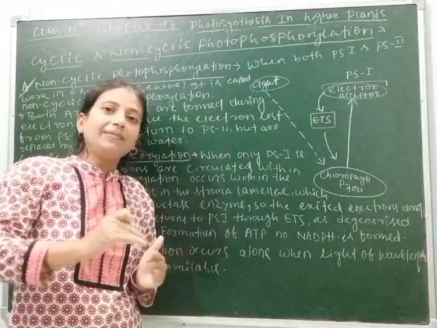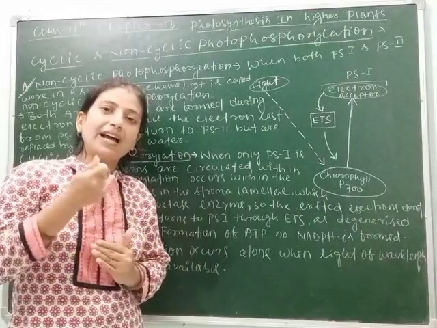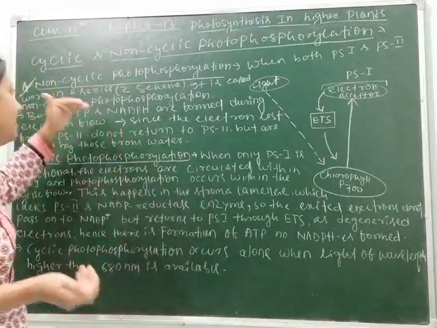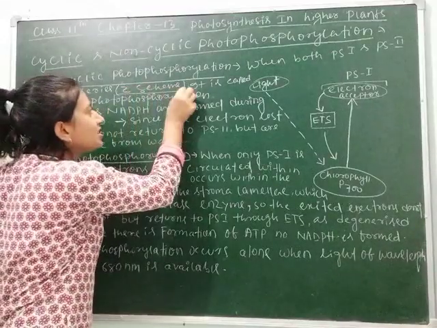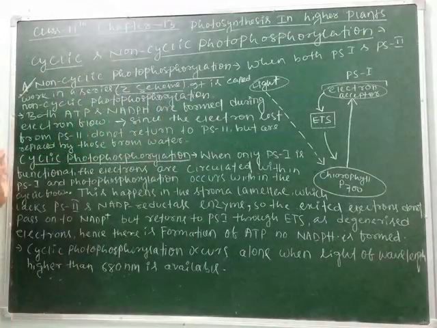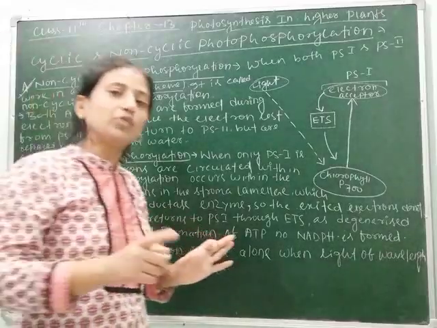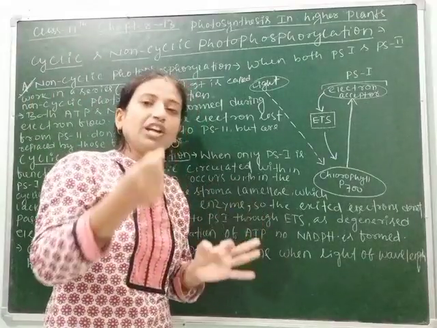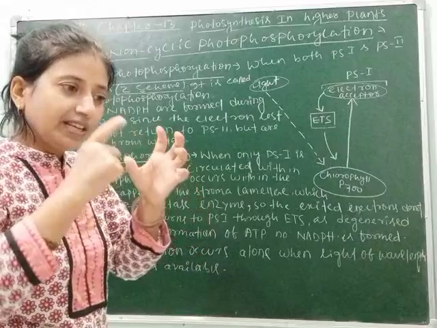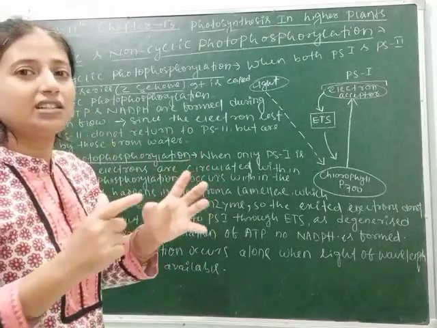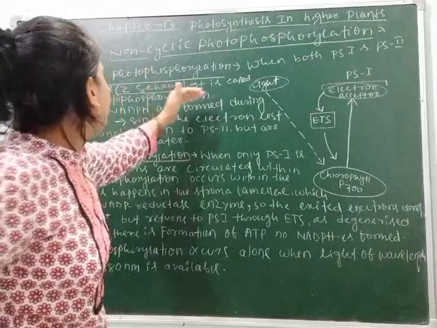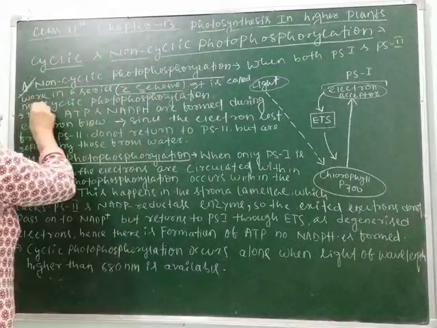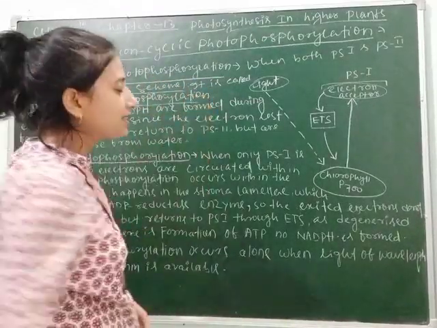They are interdependent, due to which a Z-scheme structure is formed in the electron transport pathway, the path through which the electrons get transported, which looks like the letter Z. That's why it is called the Z-scheme. It is called non-cyclic photophosphorylation.